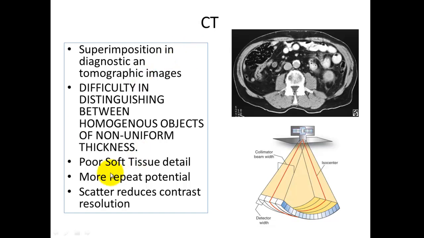In regular X-ray, we have poor soft tissue detail. We can approximately see the difference between objects roughly at about 10% or more. So if there is a small difference between one object and another, let's say only a 5% difference, we're not going to see that.